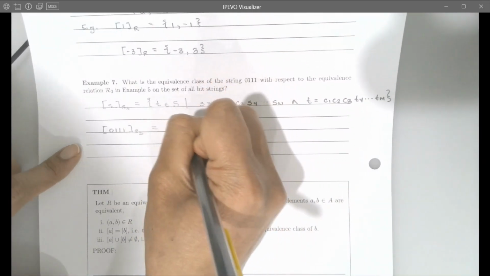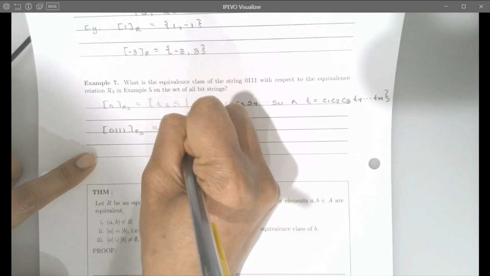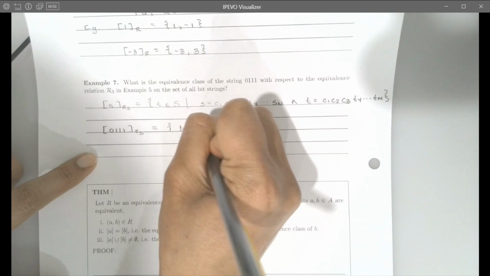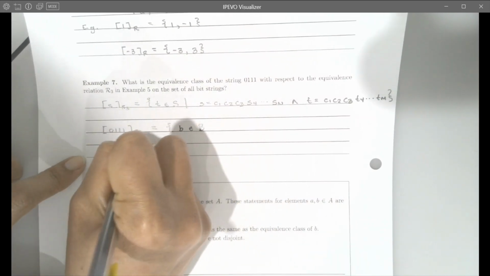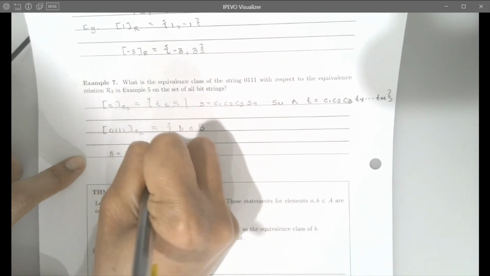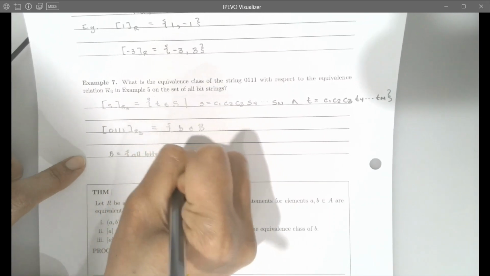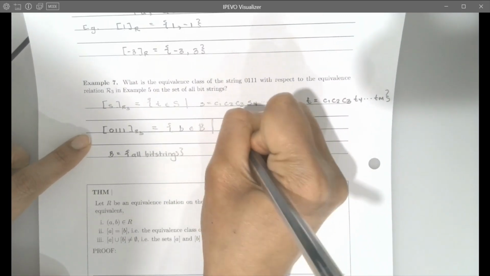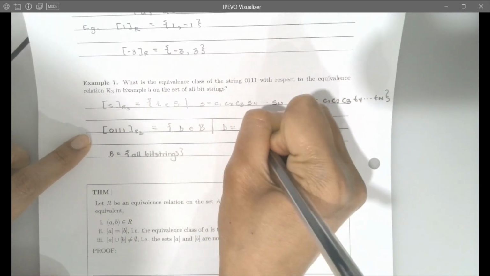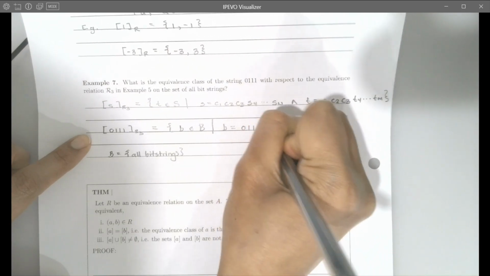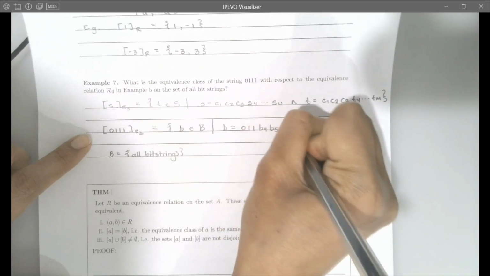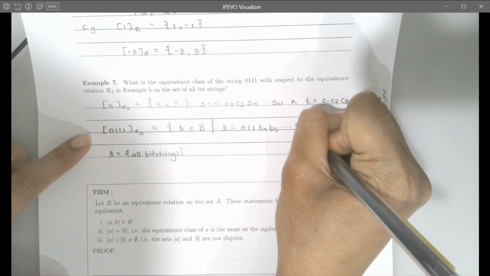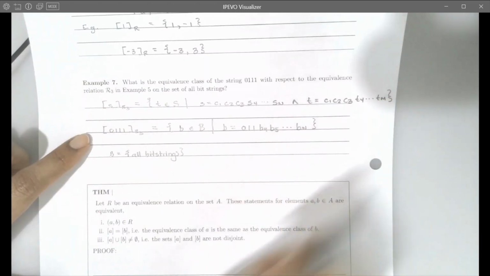So it's going to be all bit strings, I'll call them B, and I'll call capital B the set of all bit strings, such that B is the string consisting of 0, 1, 1, and then some other 4th bit, 5th bit, all the way to, let's just call it, a capital N bit.